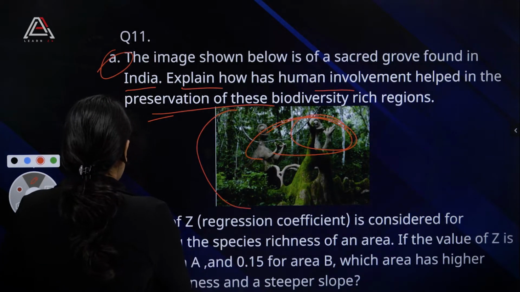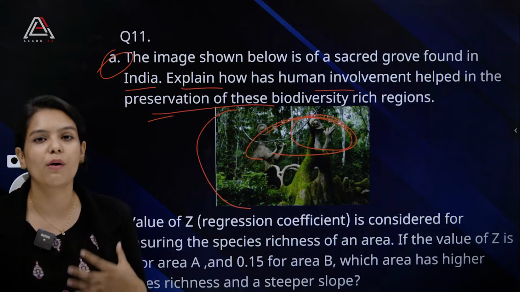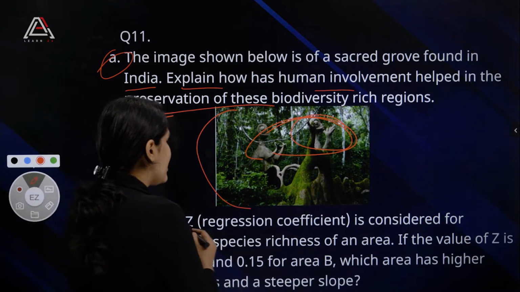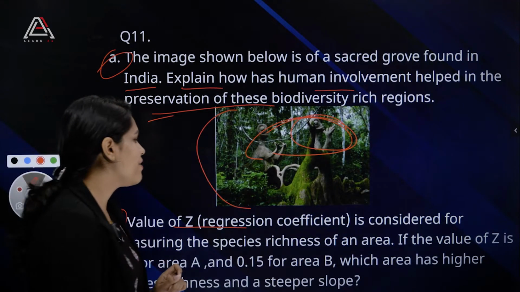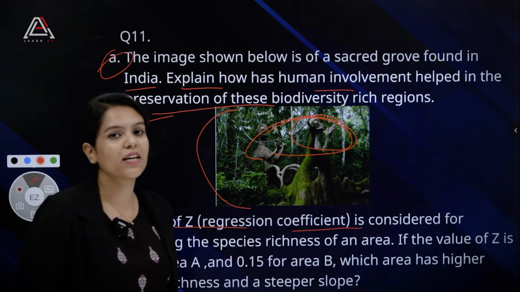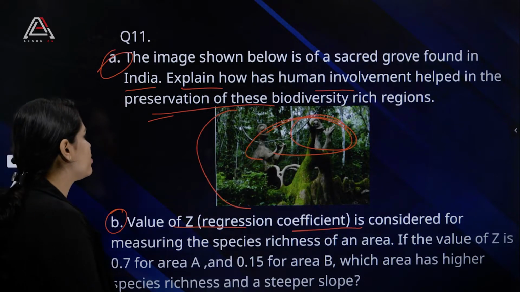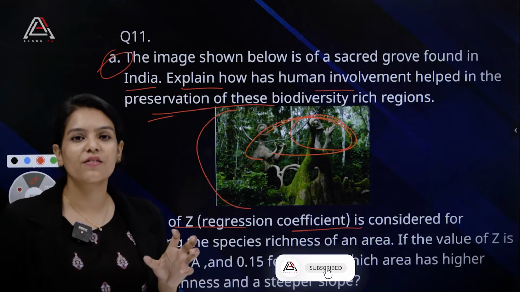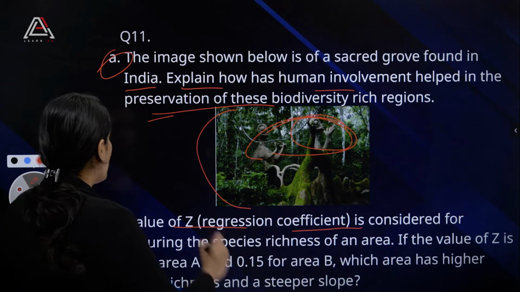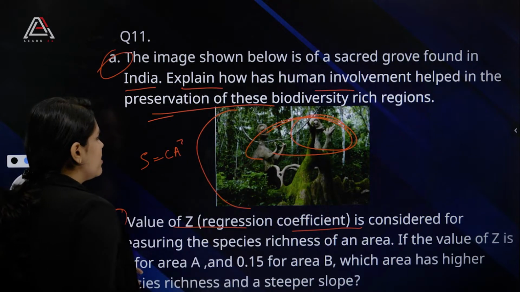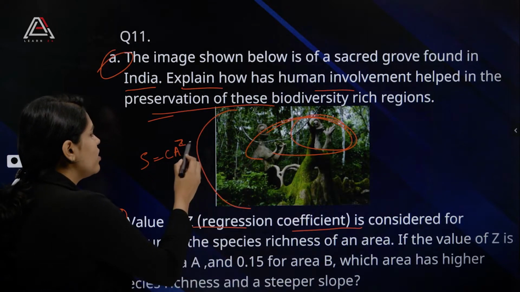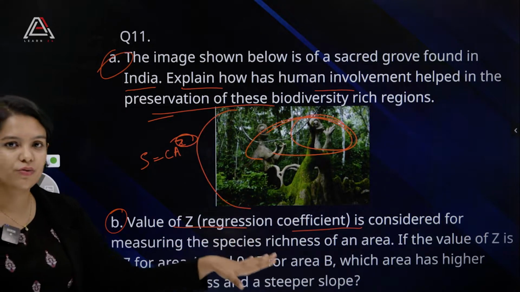Perfect. Now the next part of the question is asking about the value of Z, that is the regression coefficient. We have studied the species area relationship. In the species area relationship, there is a formula given by Alexander von Humboldt: S = CA^Z. What is this Z? The regression coefficient.